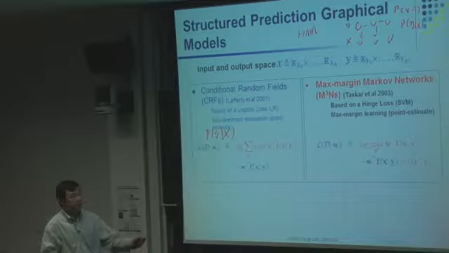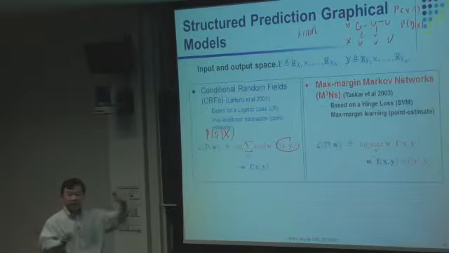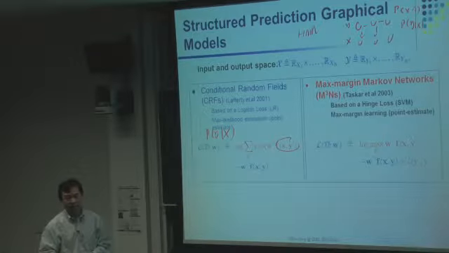The only difference of this versus a logistic regression is that this feature vector, okay, is now different from the previous ones. The previous feature vectors are some functions defined on the input, okay, and it has very little to do with the y, the labels, right? Because y has only one of the other label.